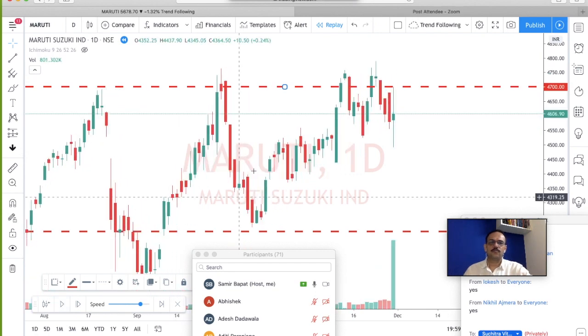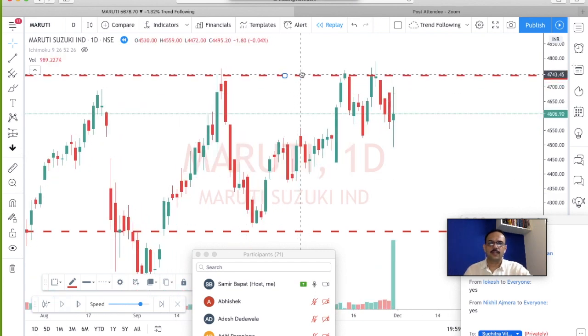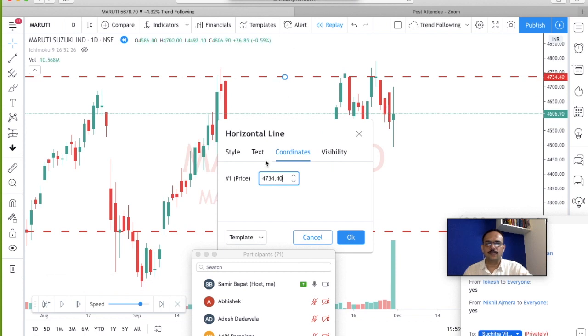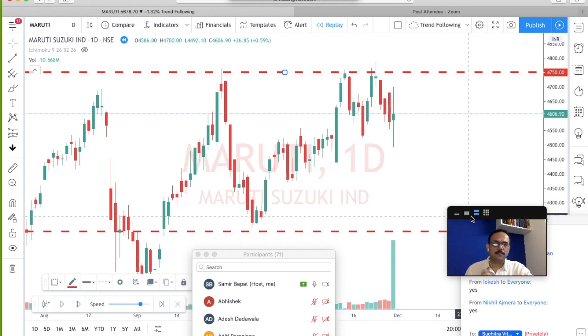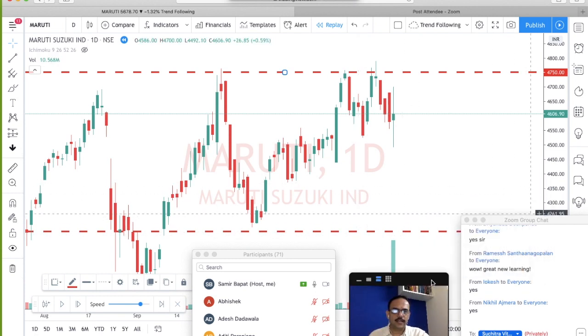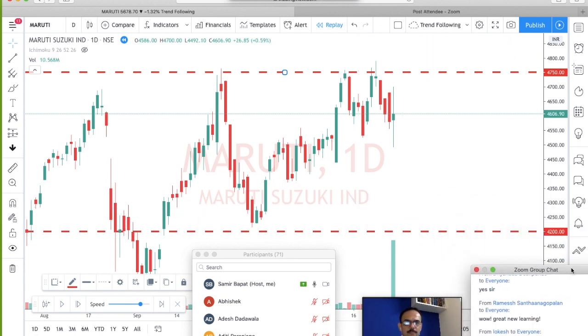Okay, so what we can do is adjust it to this level, and let's say we call it 4750, rounding up, and we keep it at that. So you can see here, right? There is approximately 4200 plus 500.